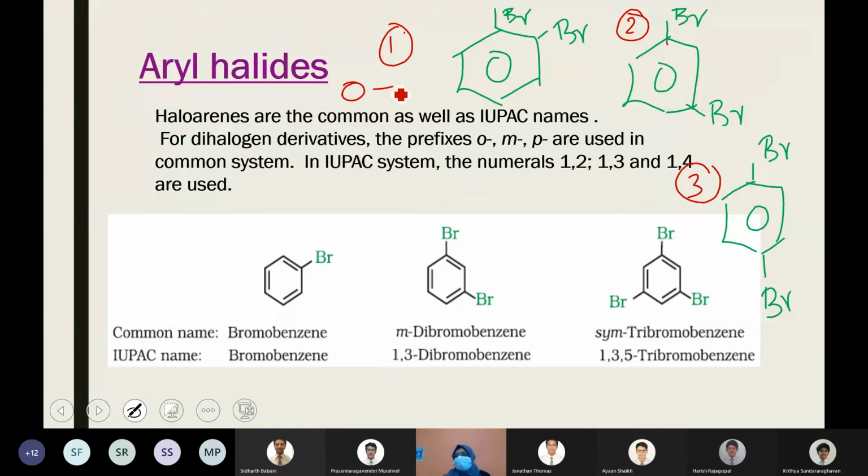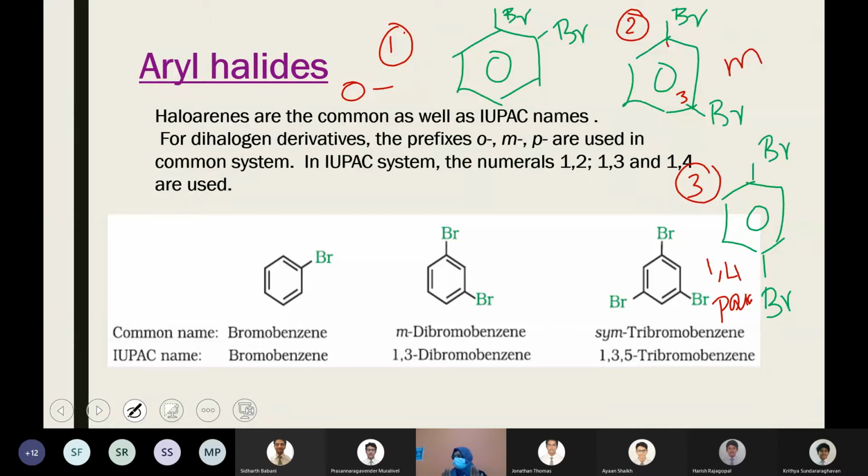And if it is 1 and 3, we call it meta. If they are parallel opposite, 1 and 4, then it is para position. So the first one will be ortho dibromobenzene, the second one meta dibromobenzene, and the last one para dibromobenzene.